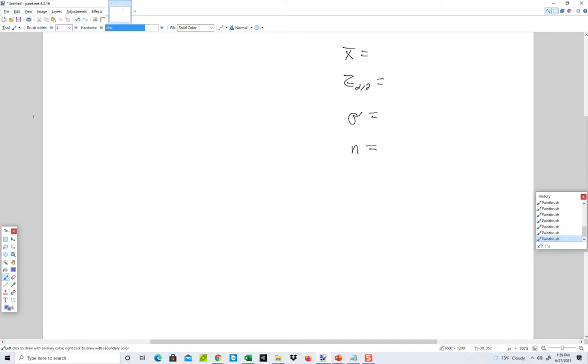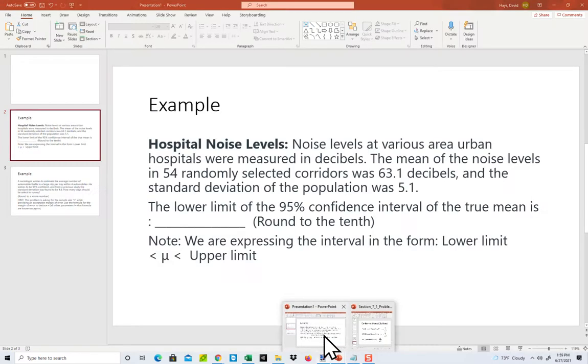So, if I come back to my problem. Noise levels at various urban hospitals are measured in decibels. The mean of the noise levels in 54 randomly selected quarters, so n is 54.